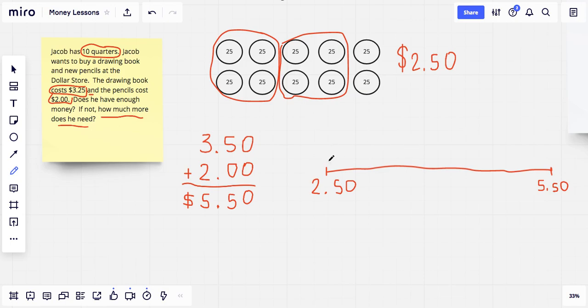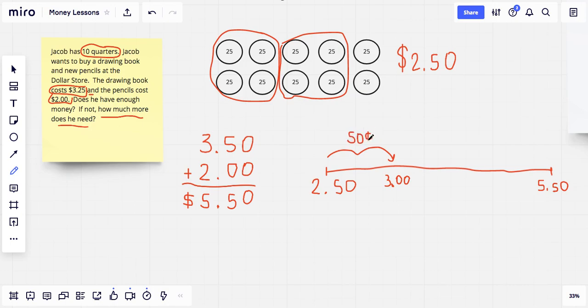It's always good, though, just to remember to use those pictures to help you, or to share your thinking with a parent. So $2.50, I'm going to count in this case by 25. So $2.50, $2.75, $3. So I'm just going to write down here $3. And that was a jump of 50 cents.